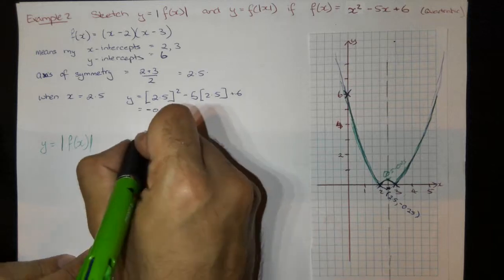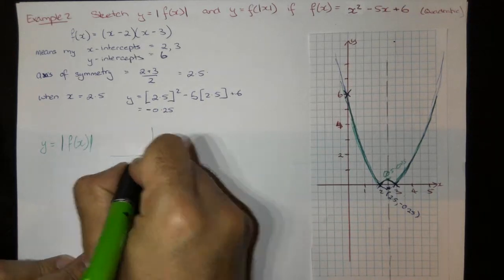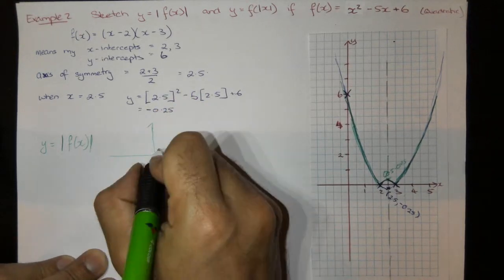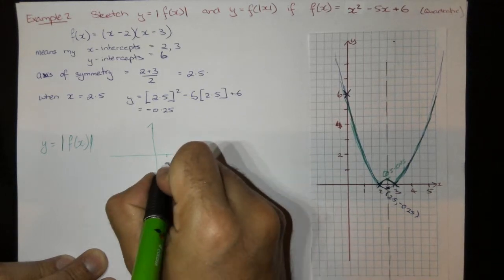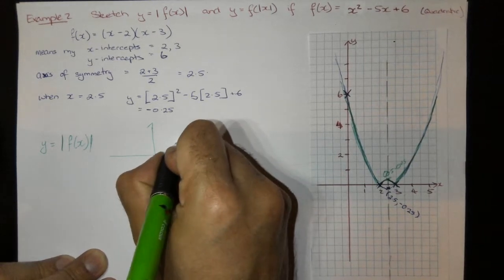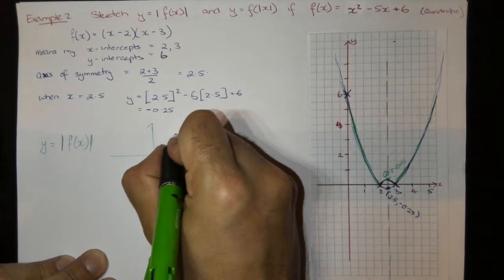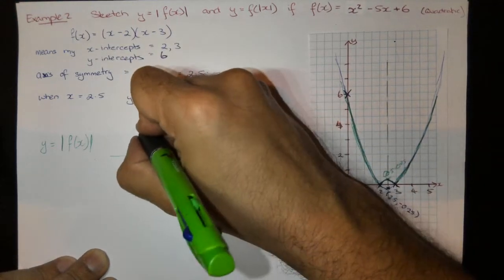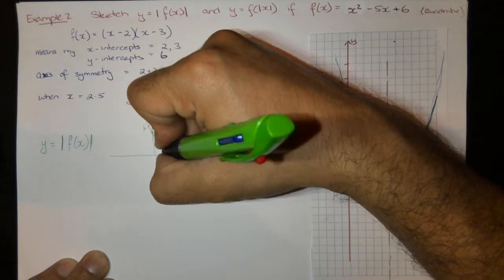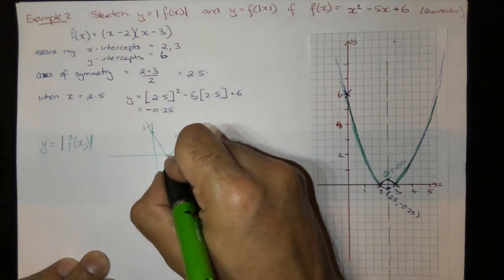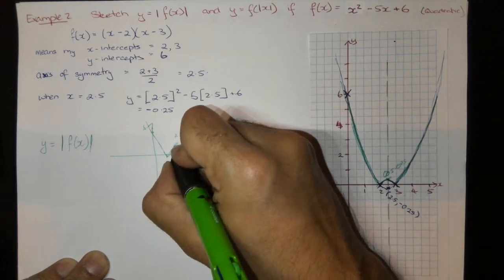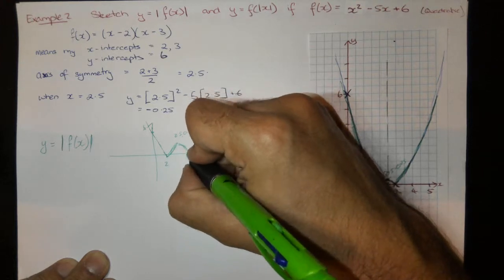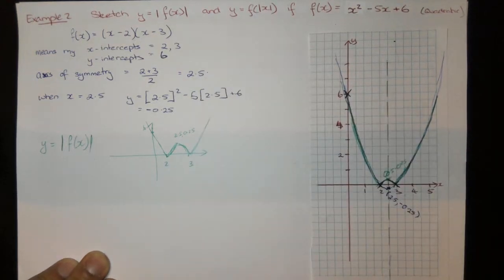So if I was to just do a quick sketch here, I've got 2, I've got 3, this point here which is 2.5, 0.25, I've got here at 6, and so what it looks like is something like this, so a W.